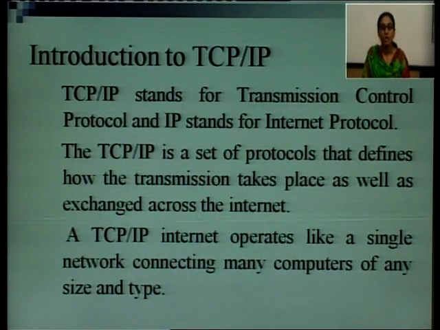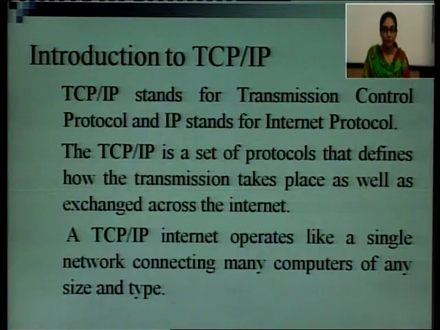Now the introduction to TCP IP. TCP IP stands for Transmission Control Protocol and Internet Protocol. So TCP IP is the set of protocols that defines how transmission takes place as well as how data is exchanged across the Internet. The TCP IP Internet operates like a single network connecting many computers of any size and any type.